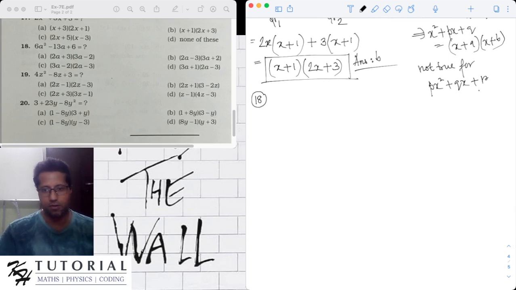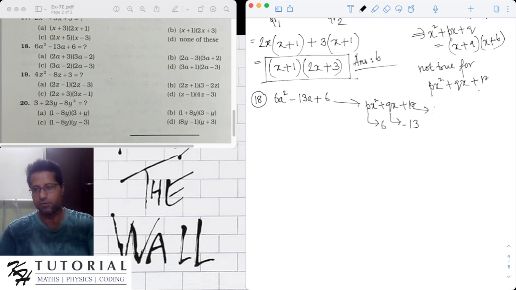It is also a quadratic trinomial, 6a square minus 13a plus 6, and it is of the form px square plus qx plus r, where p is 6, q is minus 13, and r is 6.